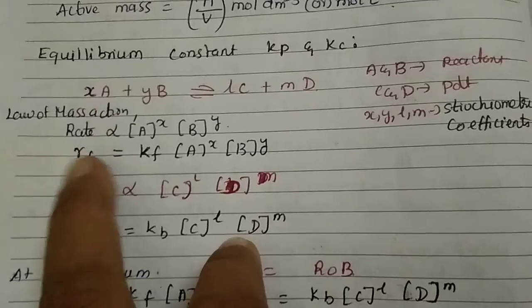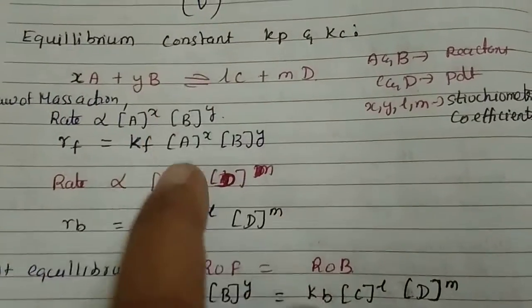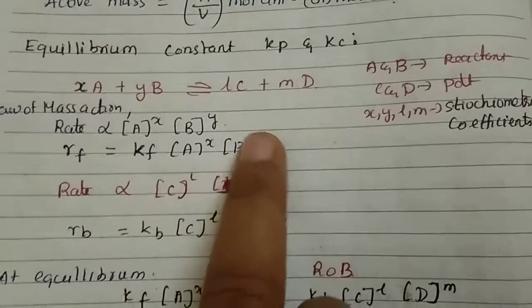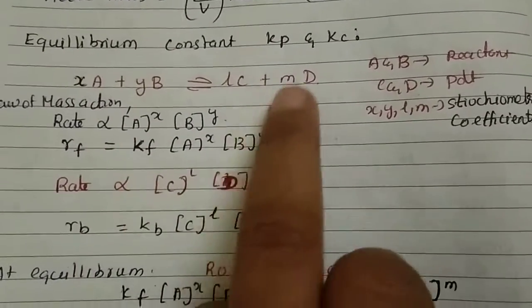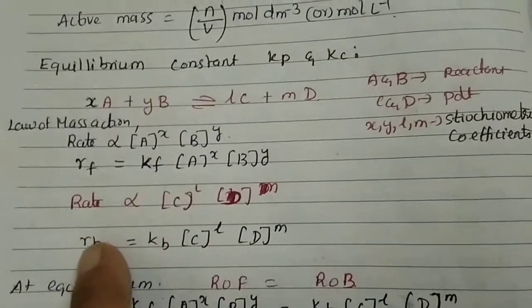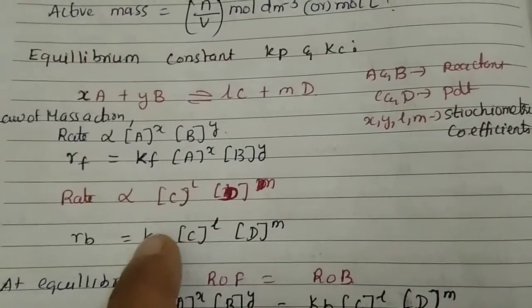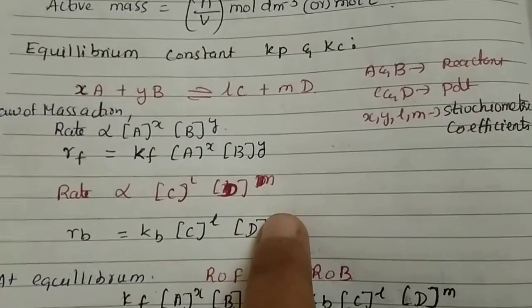Rf, the rate of forward reaction, equals Kf, the rate constant for the forward reaction, times A power x, B power y. Then Rb, the rate of backward reaction, equals Kb, the rate constant for the backward reaction, times C power l, D power m.